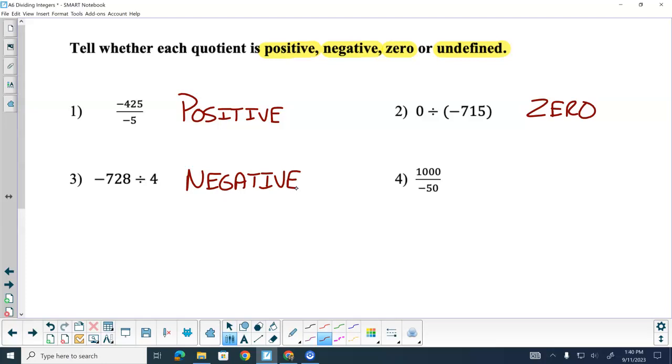It's not undefined because there is a 0 down there, but it's not 0 in the bottom. Even though we see a 0 down there, the whole number there is not 0. So we're negative there.